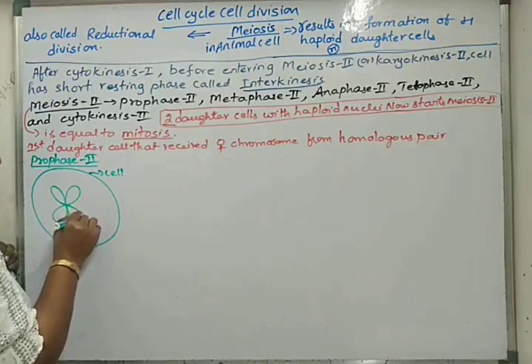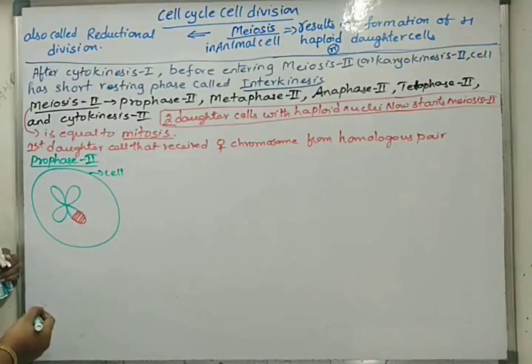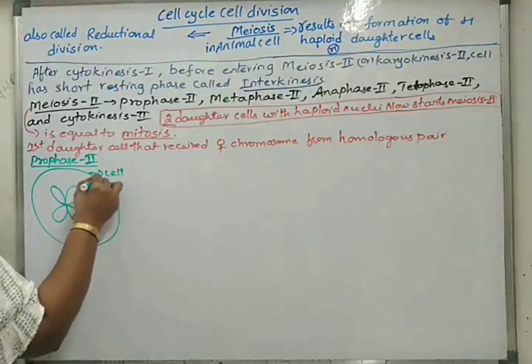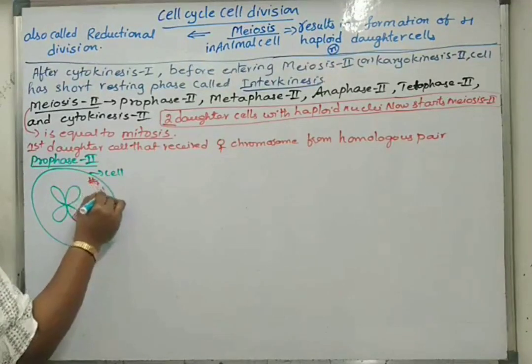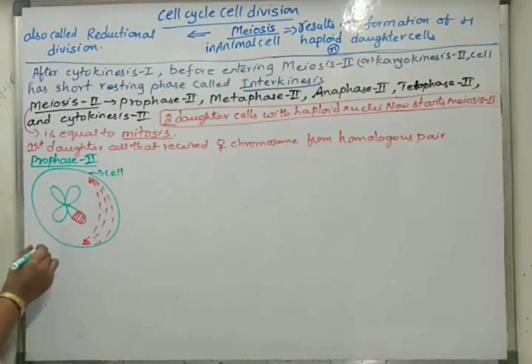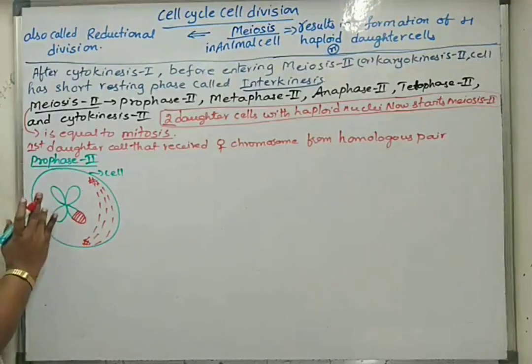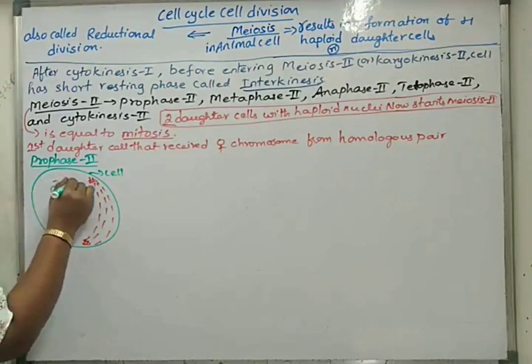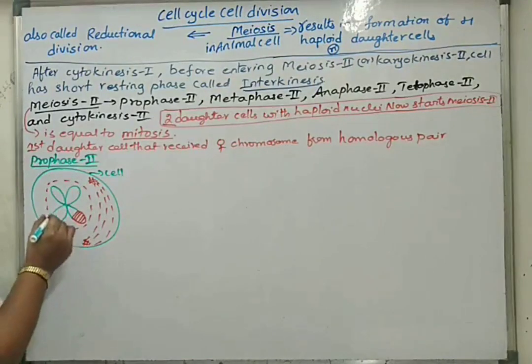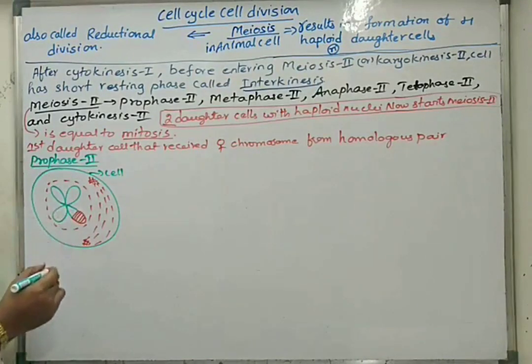So crossing over starts in pachytene, ends in diplotene. Here are centrioles. In prophase 2, what happens? All the nuclear membrane and cell organelles start to disappear. So this is the first daughter cell.